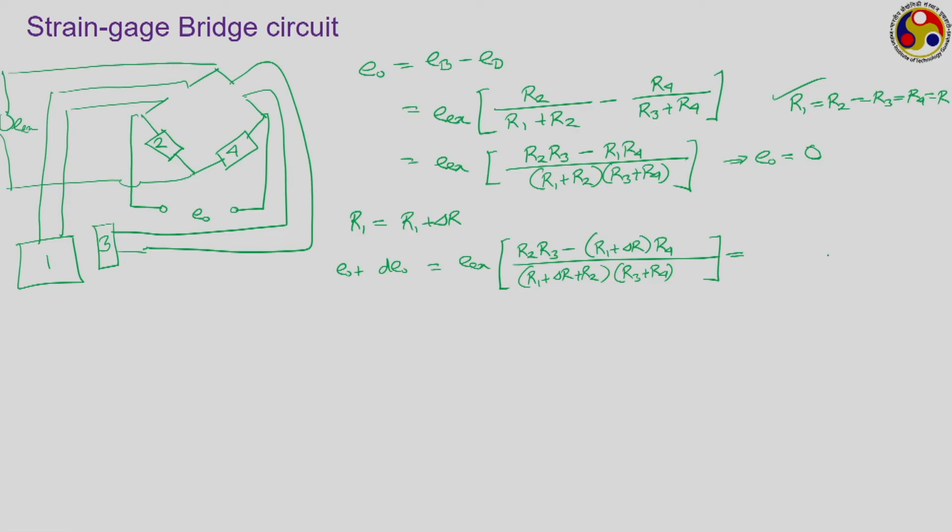We should simplify it a bit before that step. Maybe we can divide both the numerator and denominator by R square.